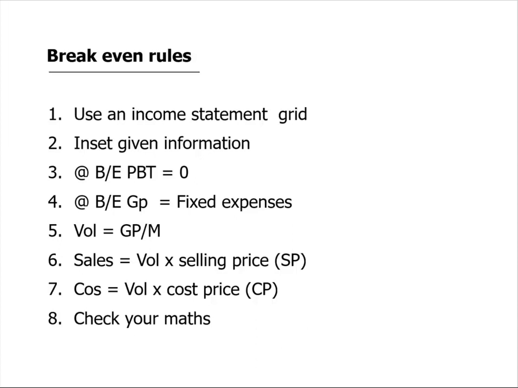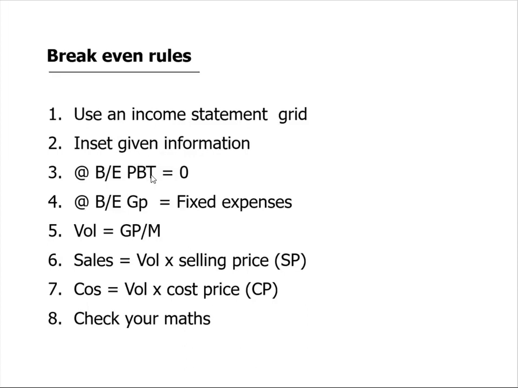So here what I've done is I've taken the steps that I've been through in order to do the break-even, and I've constructed a simple set of rules. So you would have noticed the process that I went through was, first of all, I used an income statement grid. I took some information that was given to me and I inserted it into the grid.